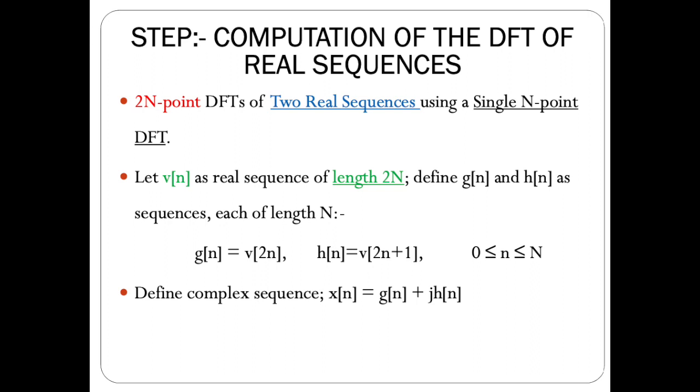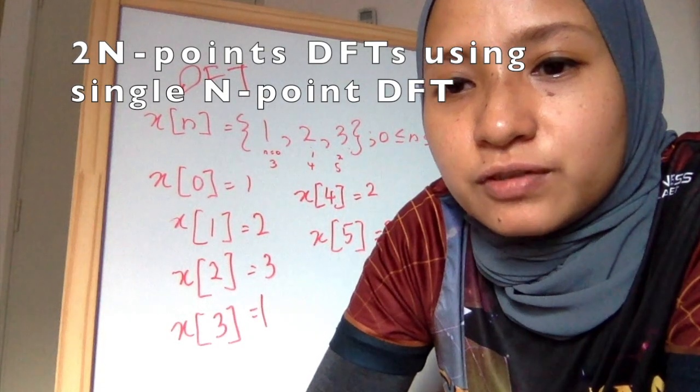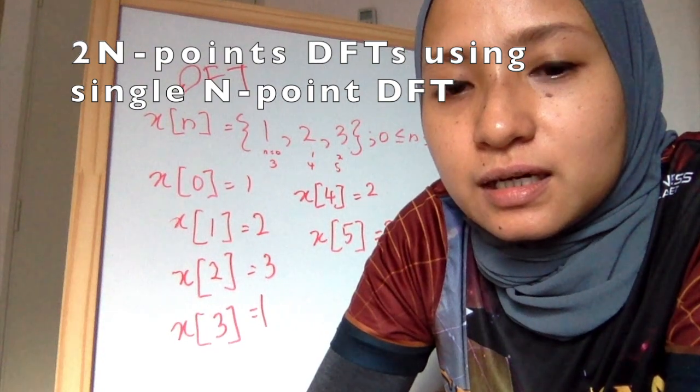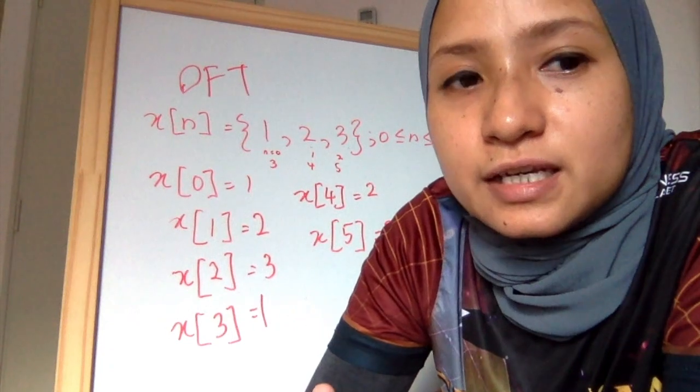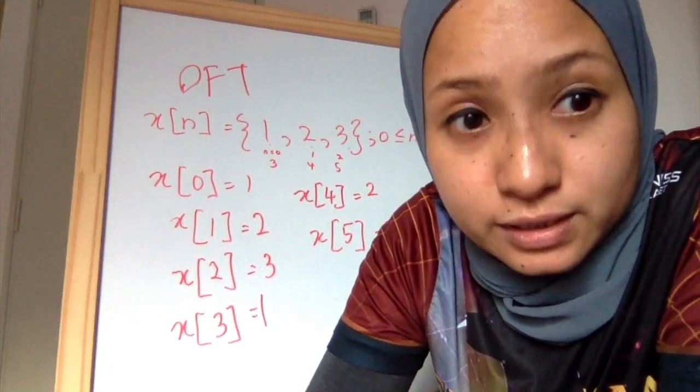Okay, this time around, you need to find the 2N-point DFT of two real sequences using a single N-point DFT. So what happens in this step? It is meant for when you have one long sequence.